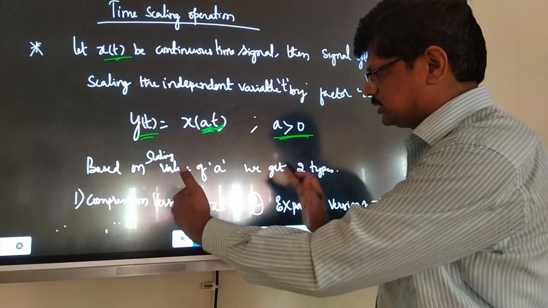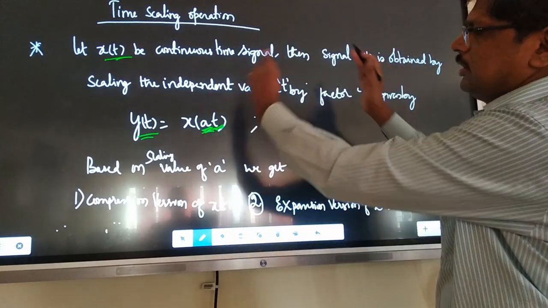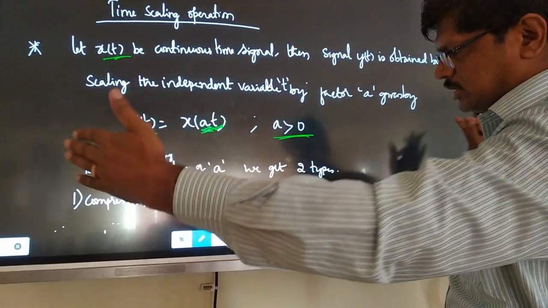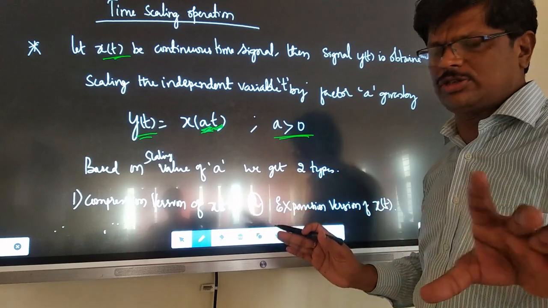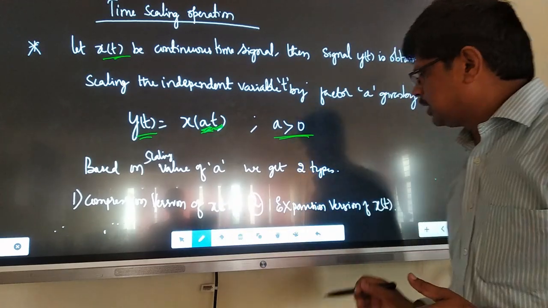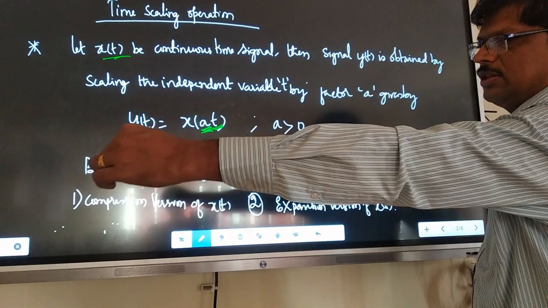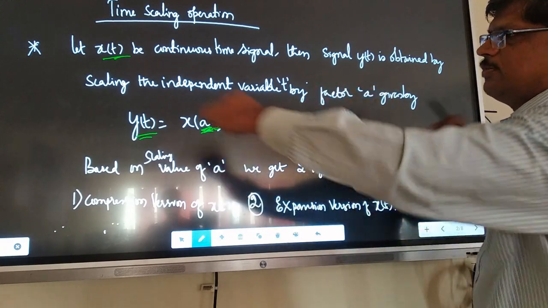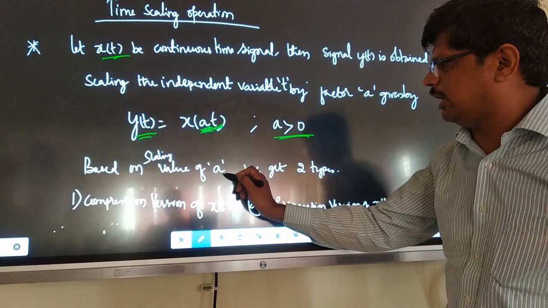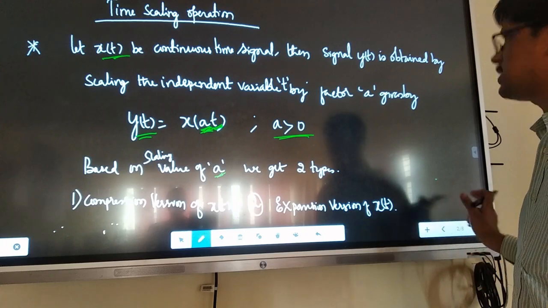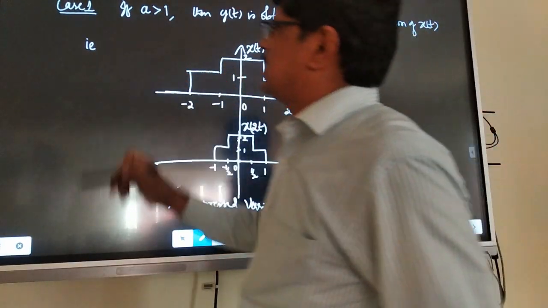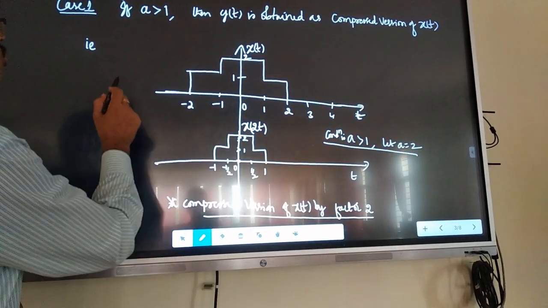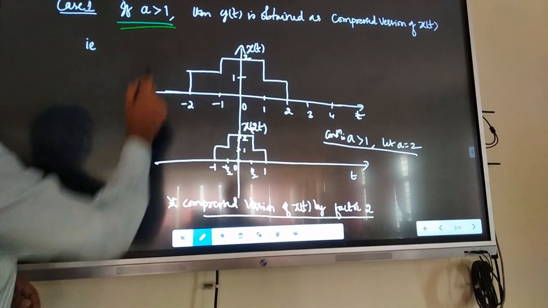One is the compressed version of x of t. Let's say x of t is a waveform. The compressed version is what we use in mobile. And the expanded version of x of t is based on this value. Now let's see those two as two cases. Case 1, if a is greater than 1.